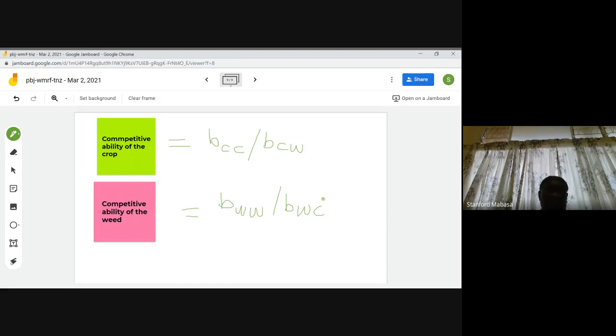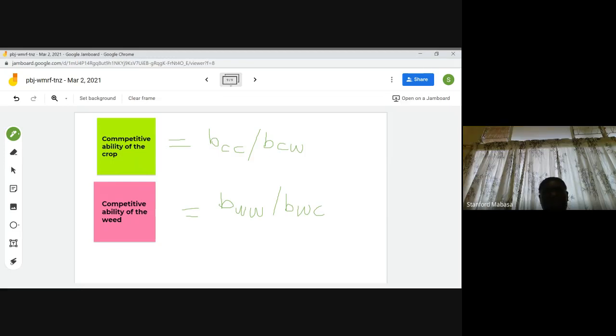So these values which we get for the wheat and for the crop can tell us which is more competitive. We just look at the magnitude of the size of the numbers, so that we can rank them or check which is more competitive.